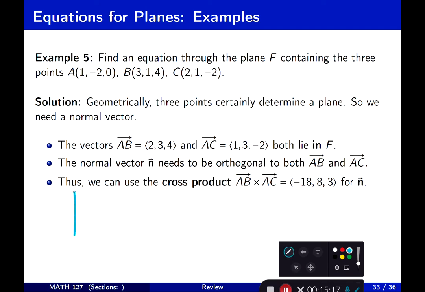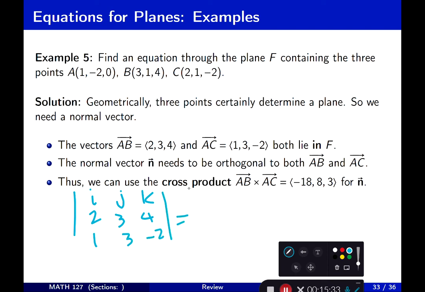As we did in the previous part, it's just i, j, k, and then the two vectors go in here, and you find the determinant.